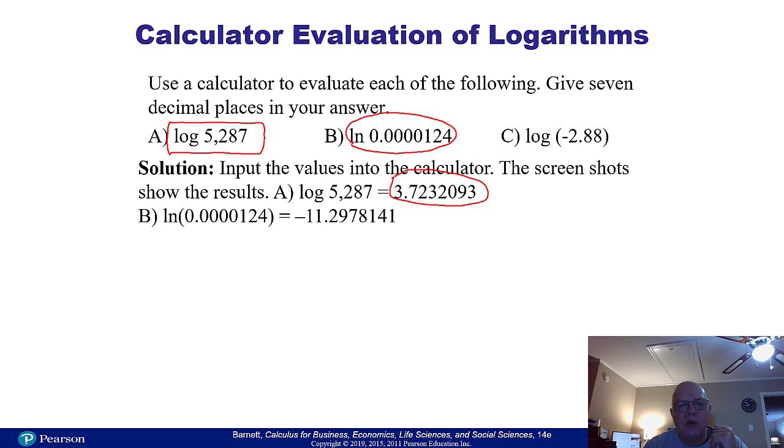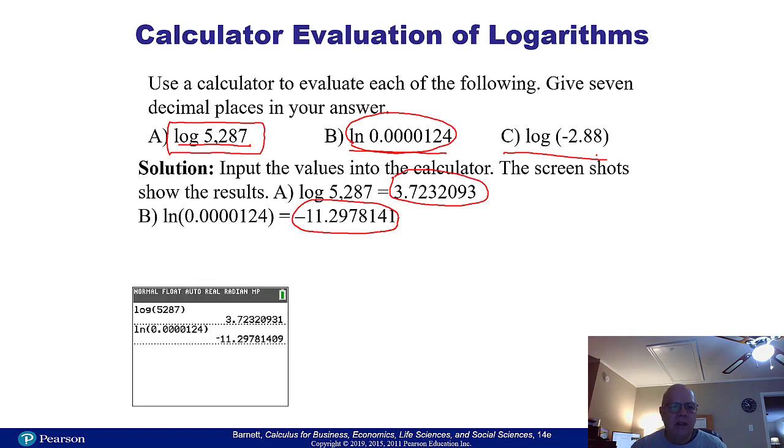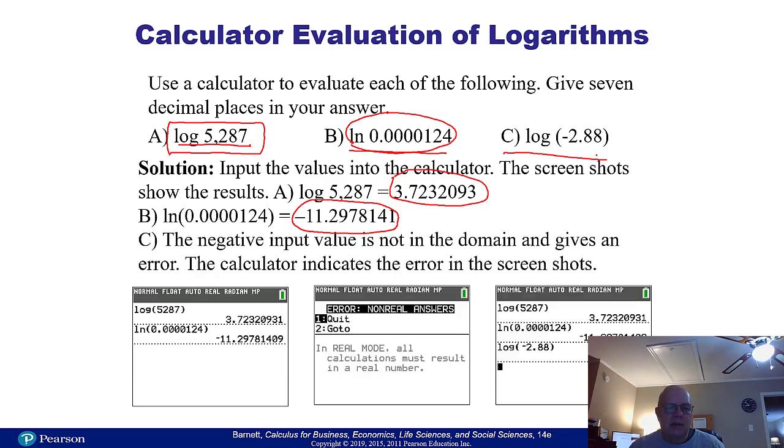So you're doing it once with a common log to make sure you know how to do that, and once with a natural log, and make sure you end up with this. And then try that and see what happens. I'm not going to tell you what happens, just do it. All right, there you go. Log of 5287. Those are what you should get from those two results.